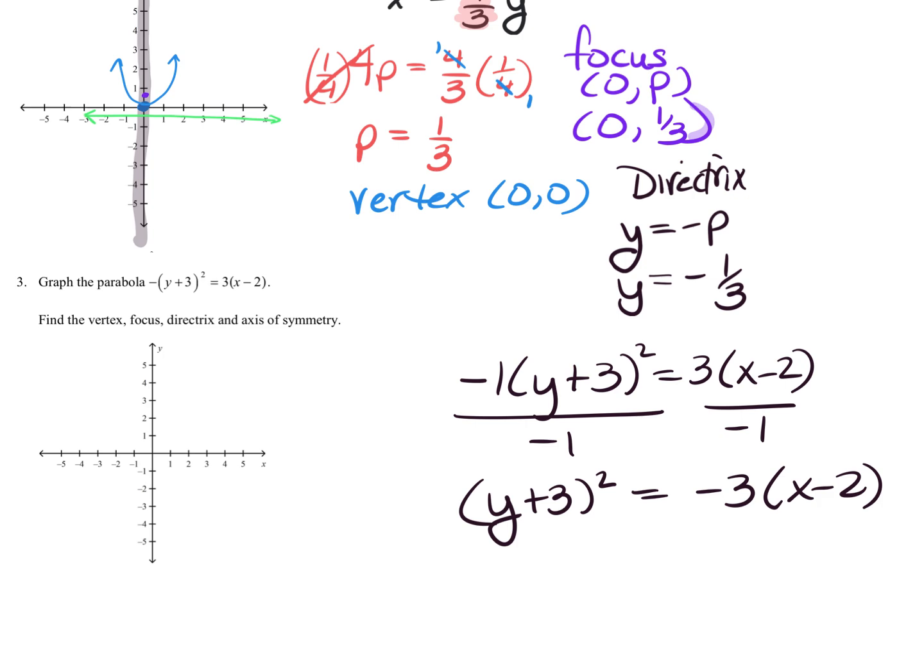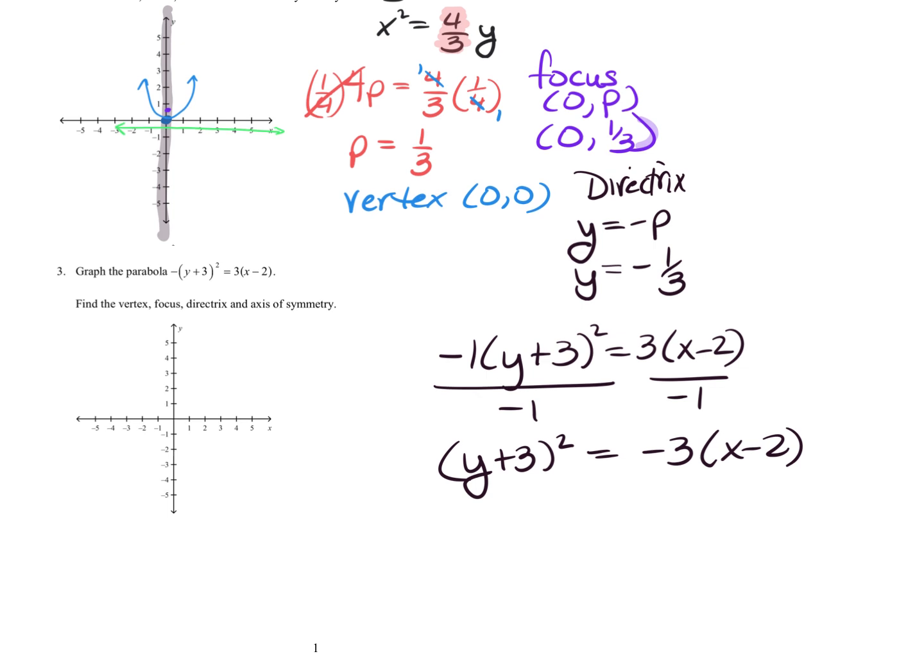So let me go ahead and pull out the vertex first. Remember, k is always with y, h is always with x, and when you pull it out, it's backwards of what you think. So when we pull this out, the 2 is positive, the 3 is negative.